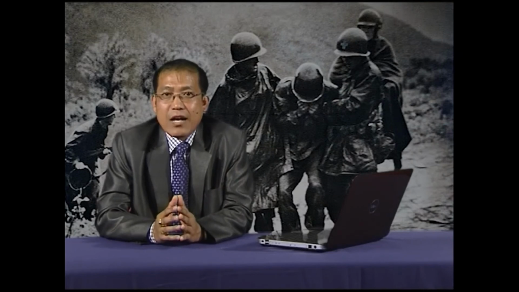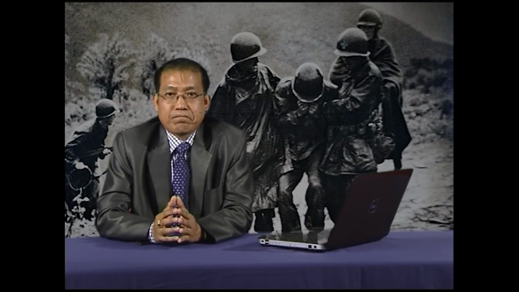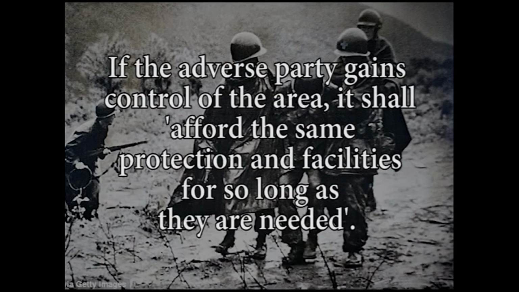The parties are then obliged to grant both protection and necessary facilities to those who respond to this appeal. The paragraph even lays down that if the adverse party gains control of the area, it shall afford the same protection and facilities for so long as they are needed.